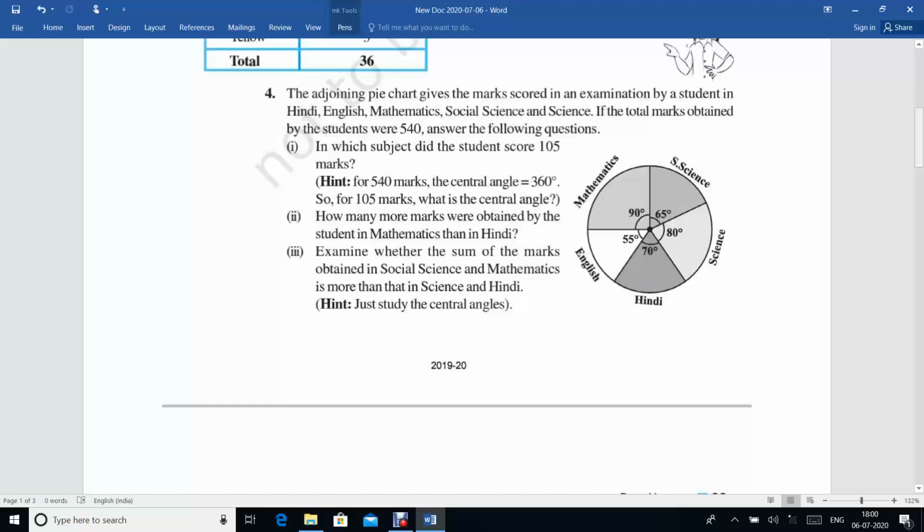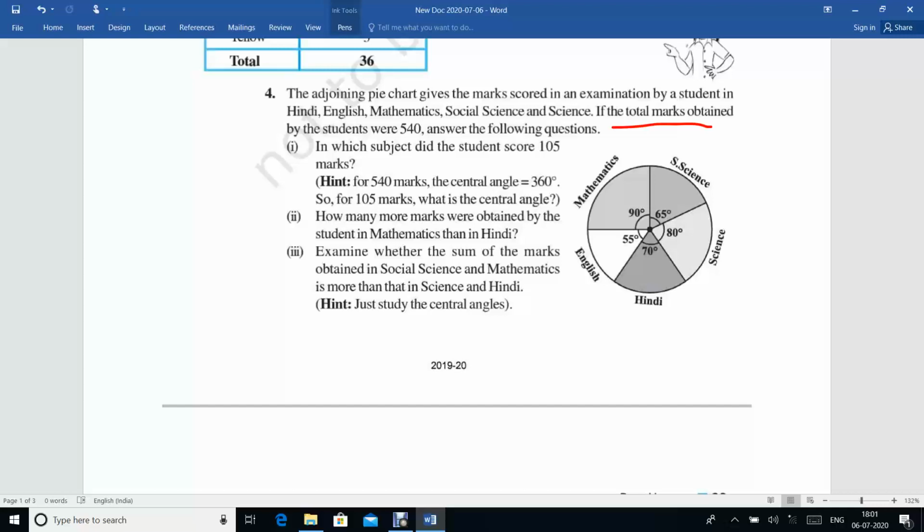Means there is a student who scored marks in these subjects, and there is a pie chart in the question which is showing the central angle for these marks. If the total marks obtained by the student were 540, answer the following.